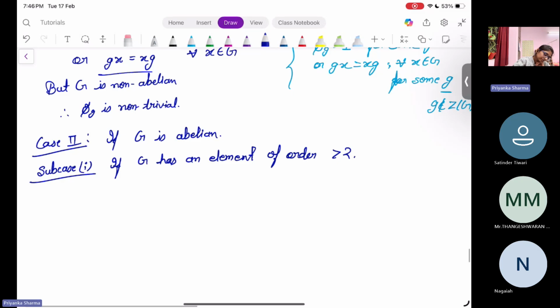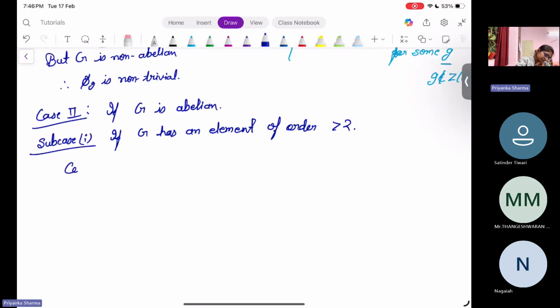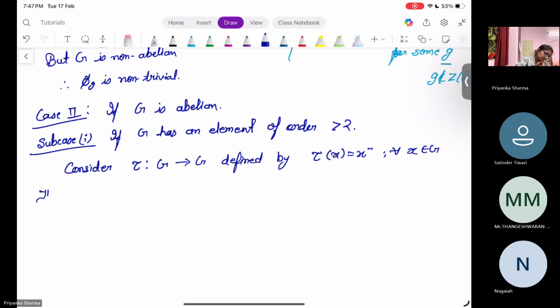So in this case, we can consider another function, let's use another notation, say tau, from G to G, defined by tau x is x inverse for all x belongs to G, then we can prove that tau is an automorphism.